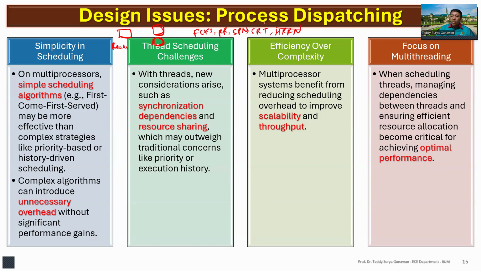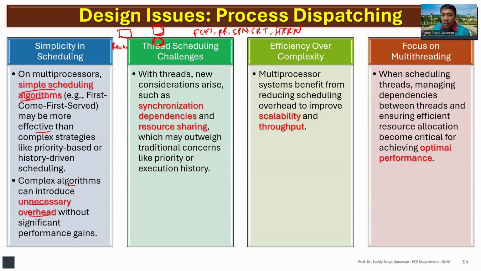So at least you have these algorithms. On multiprocessors, later on we can show that a simple scheduling algorithm, for example first come first serve, is effective because it has less overhead. Remember that with first come first serve, we just run the one that comes first. The complex algorithms can introduce unnecessary overhead, you need to calculate more, you need to decide more.